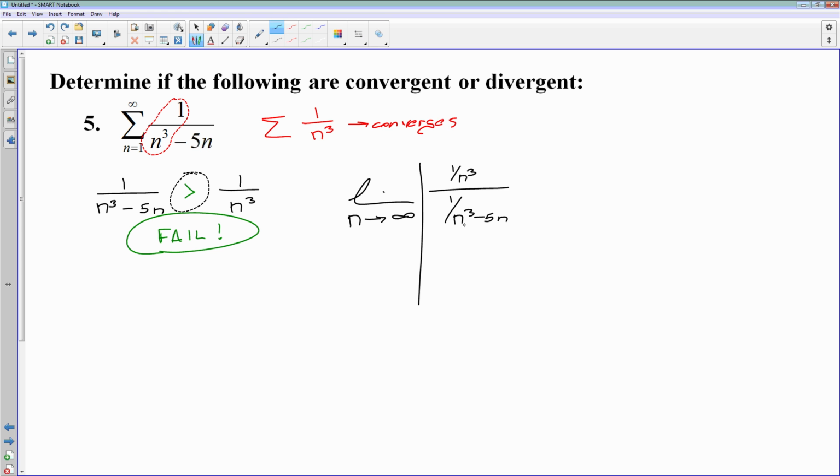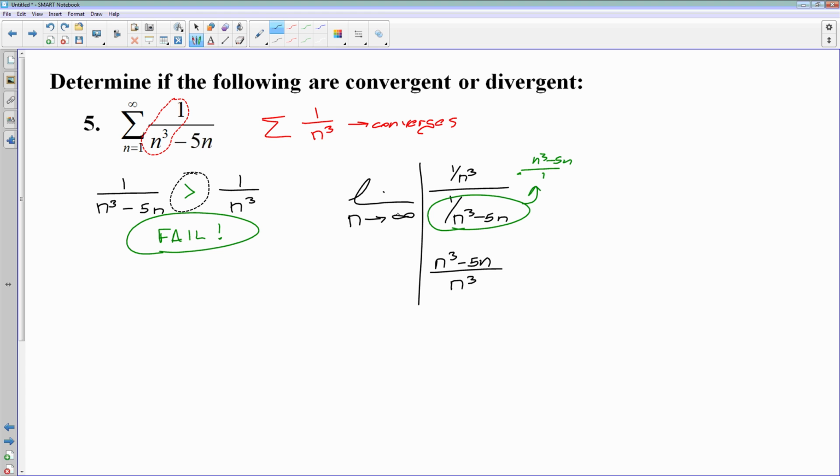If you divide fractions, you flip and multiply. So I would take this thing and bring it up and multiply by n cubed minus 5n over 1, which gives me n cubed minus 5n, 5n, not 5 to the n, times 1 over n cubed times 1.